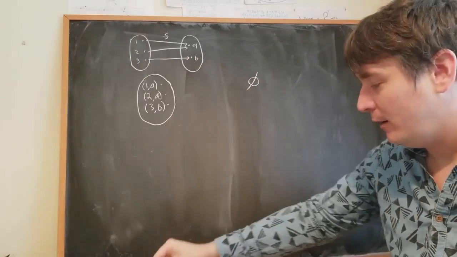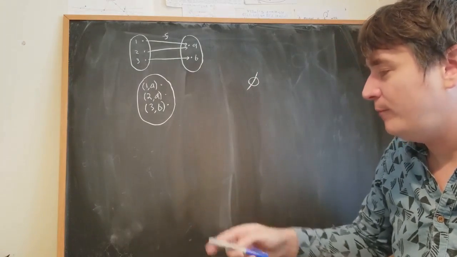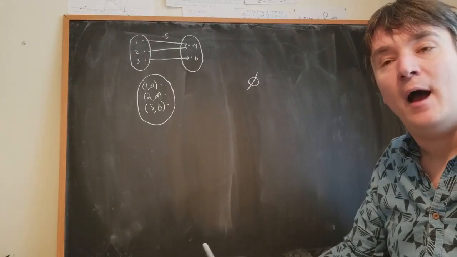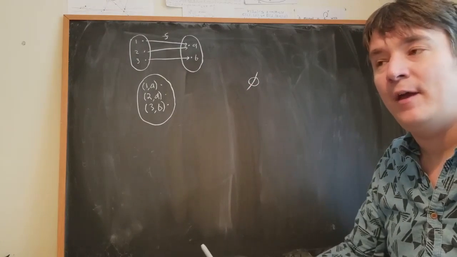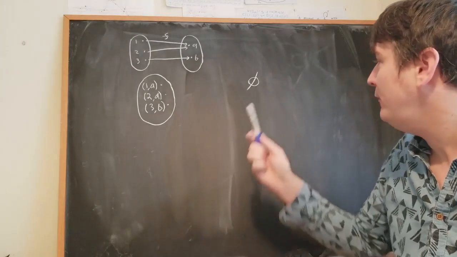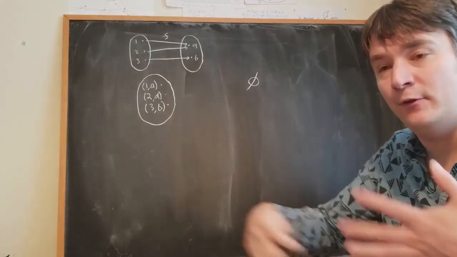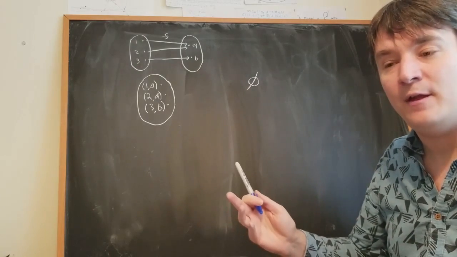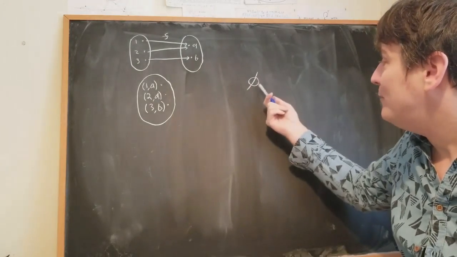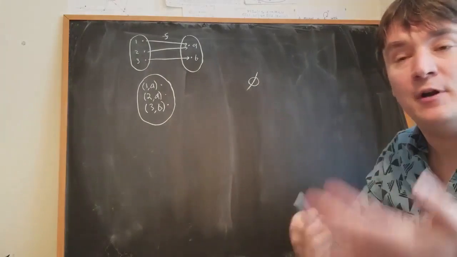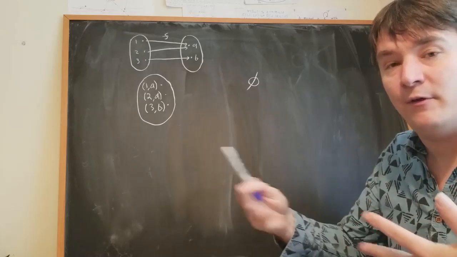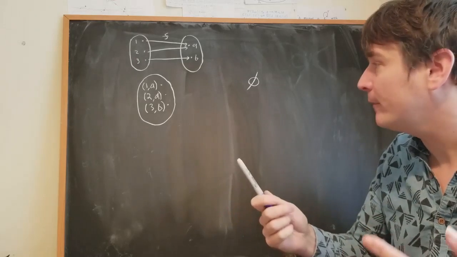This is perhaps peculiar if it's the first time you've seen this kind of thing. Maybe the empty set didn't cross your mind. This is the set that doesn't have any elements, and it's very important in set theory. For example, the empty set is contained within every other set. It has very important properties, much like 0 does in arithmetic.